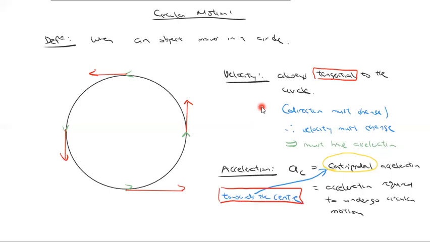So in other words, this is the velocity direction. This is the object moving. But in the diagram, we would then say that this is going to be towards the center. So this is the acceleration at each point. And they'll all be pointing towards some sort of center.